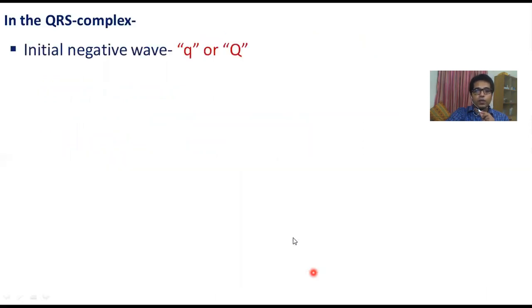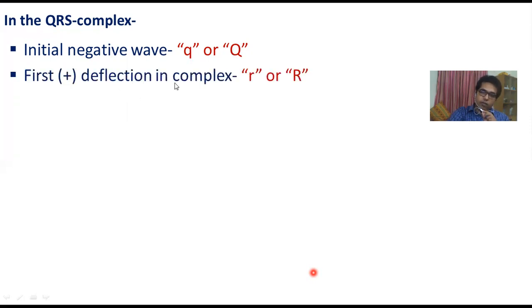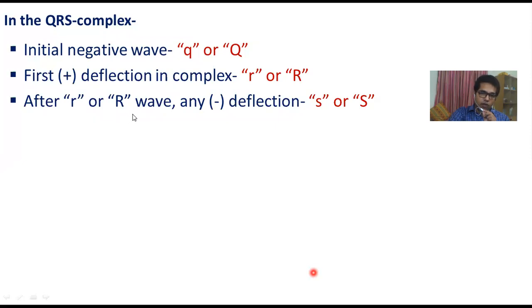Now, in the QRS complex, the initial or first negative wave is Q. If the wave is small, it is a small q, and if it is big, it is expressed as a capital Q. The first positive deflection in the QRS complex is the R wave. In case of low voltage, it is expressed as a small r, and in case of high voltage, as a capital R. Then after the R wave, any negative deflection is the S wave.